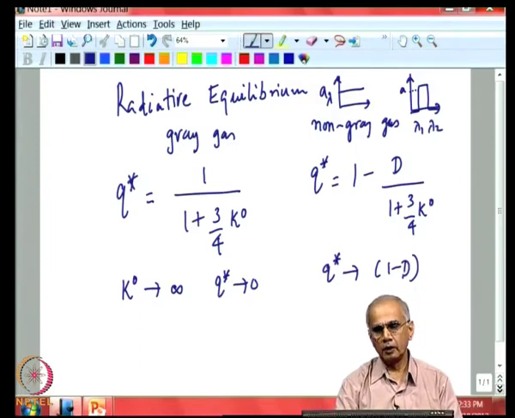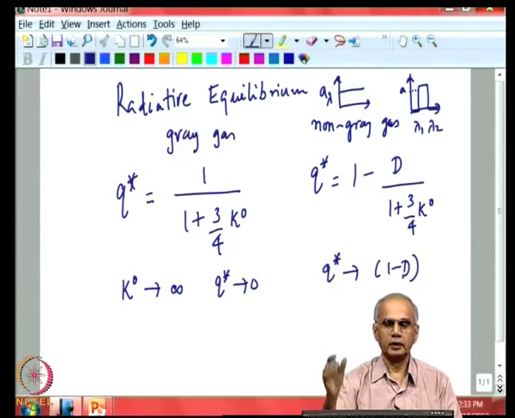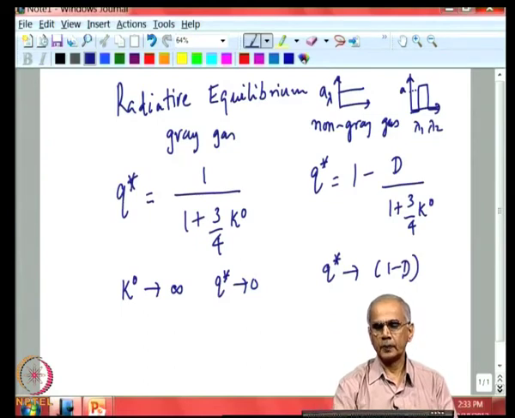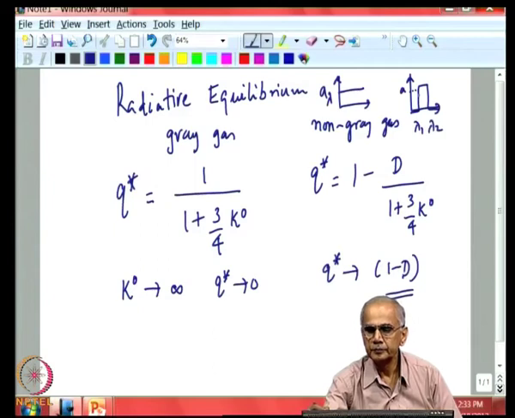In a non-gray gas, there are always regions in the spectrum where the gas is completely transparent, and hence the radiation just goes through it, whatever the thickness of the gas. So, 1 minus D is the fraction of the black body radiation lying outside this absorbing region.